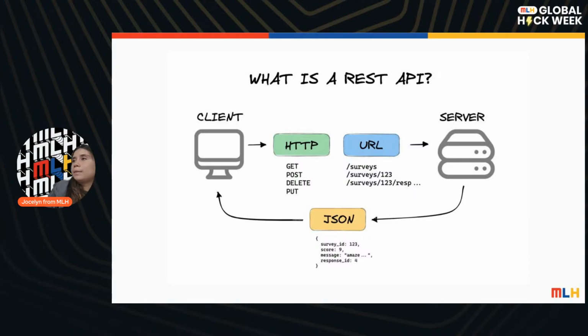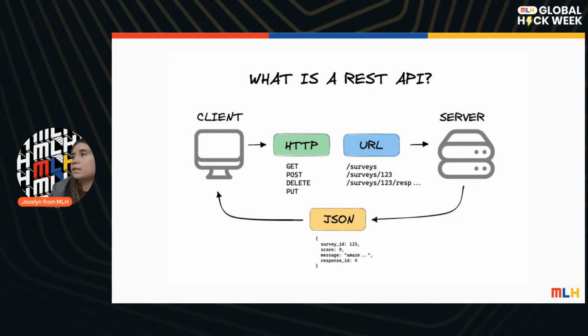So you get a method, which is either get, post, delete, or put. Get is to fetch, post is to edit something, delete is delete, and put is to edit something that is already there. Then you have your URL, which is your endpoint, which can be slash and then the name of whatever endpoint you want to name it.